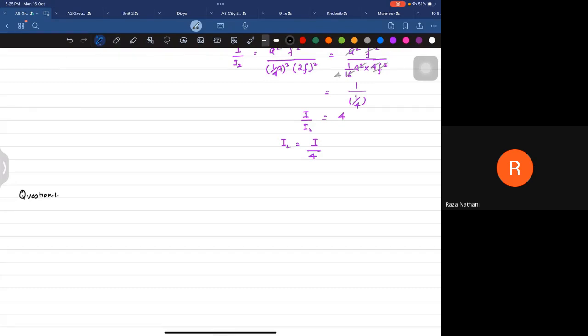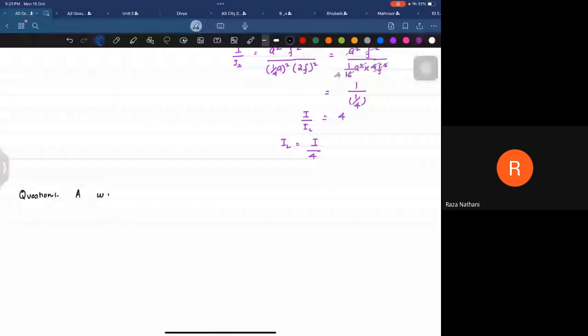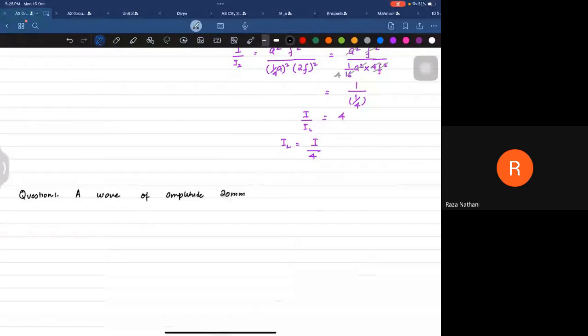So in this question, it says a wave of amplitude 20 millimeter has intensity Ix.